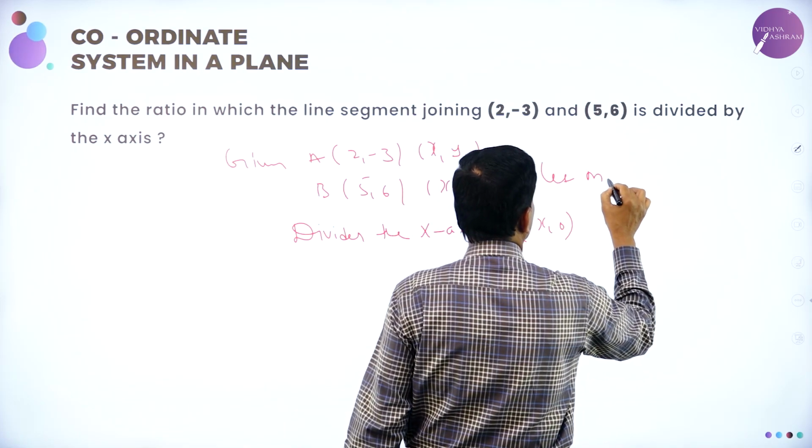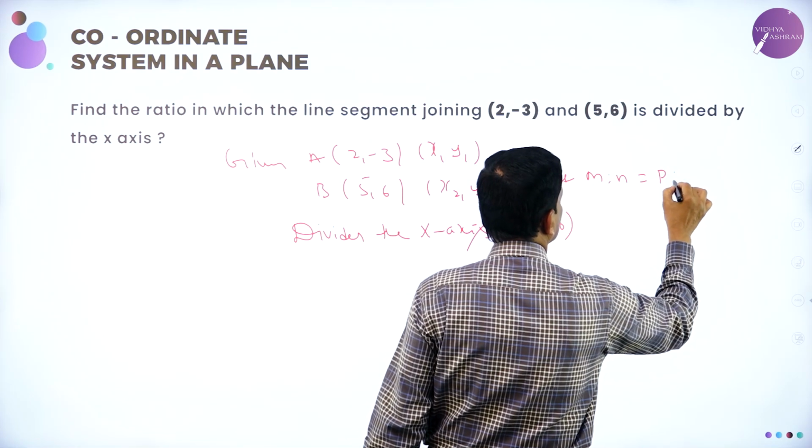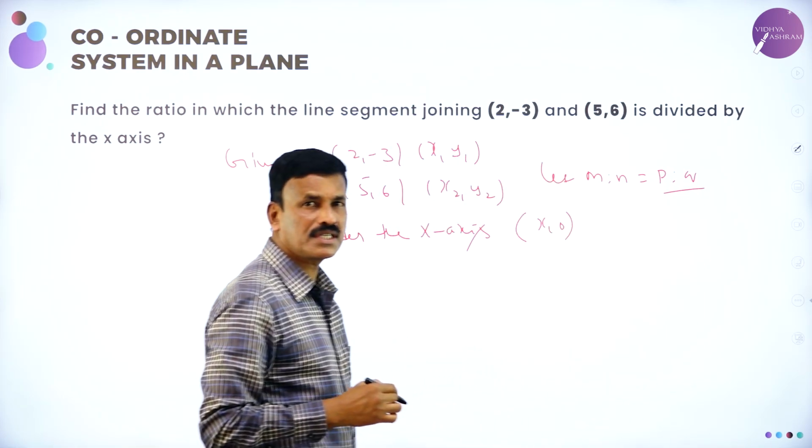Let the ratio m is to n be p is to q, or k is to 1.